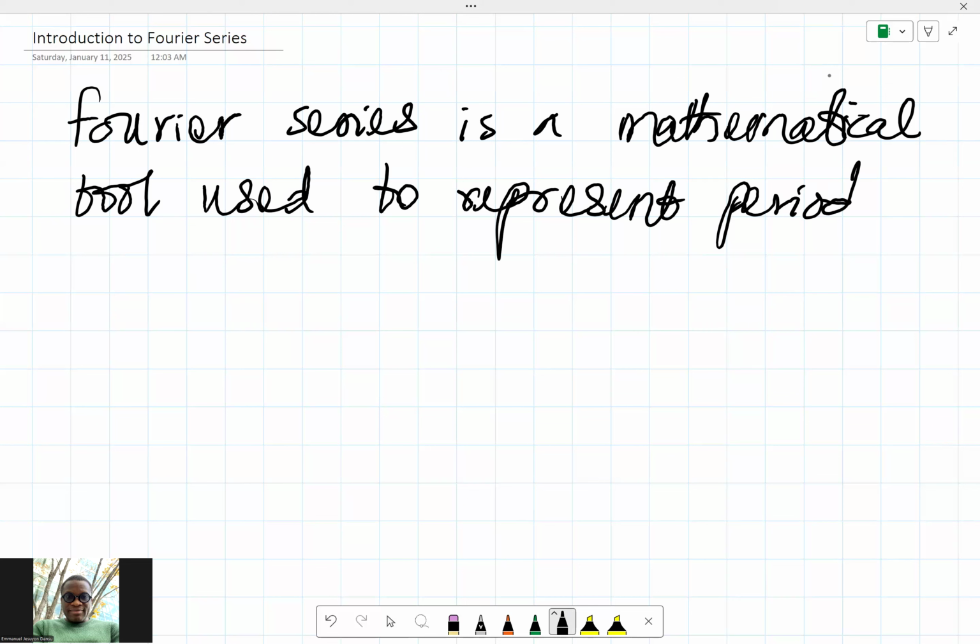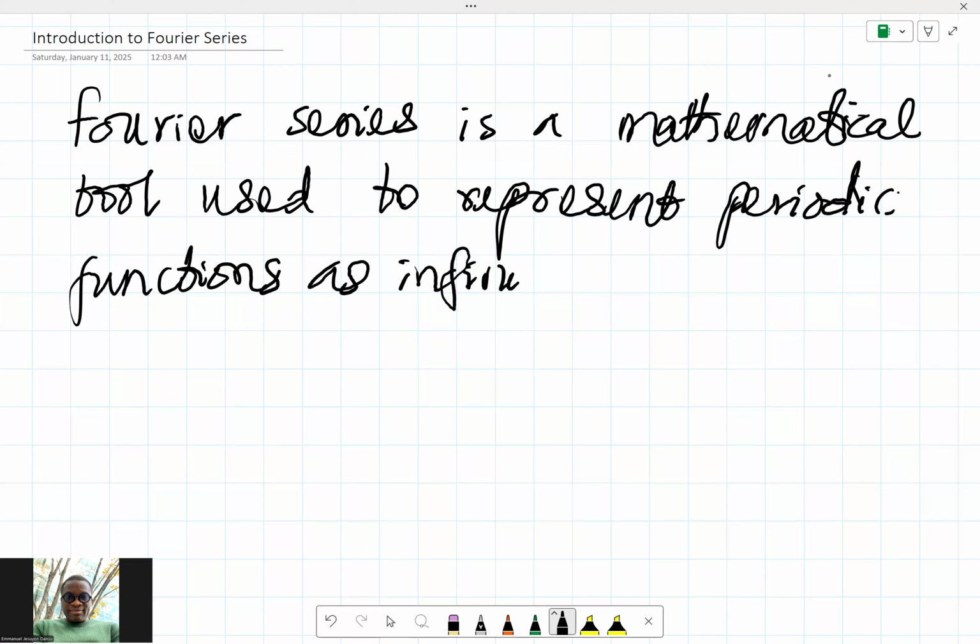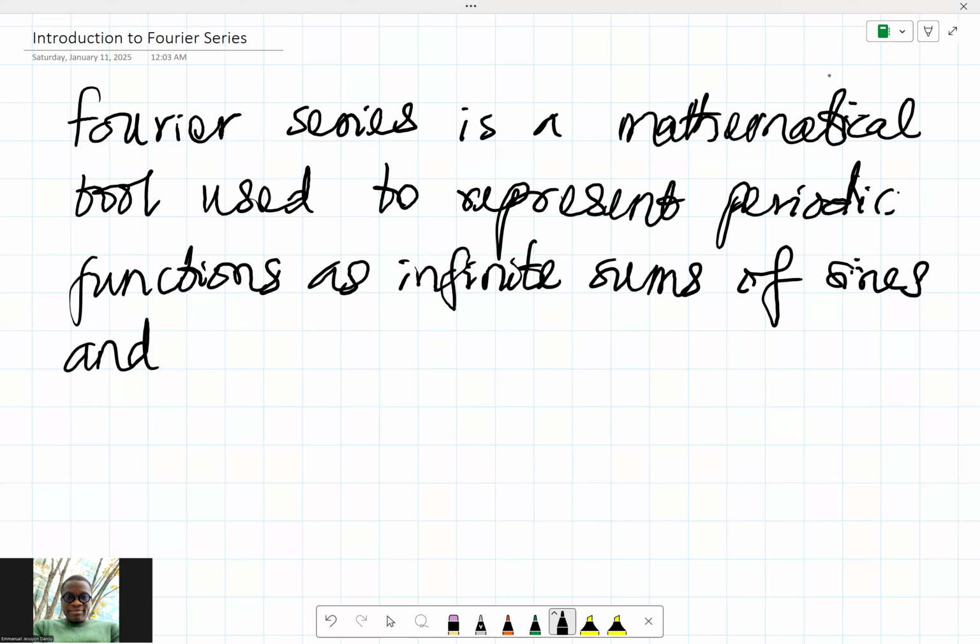I remember in the basic calculus playlist, I talked about types of functions. I'm sure I should have mentioned the idea of periodic functions. So Fourier series is a mathematical tool used to represent periodic functions as infinite sums of sines and cosines.